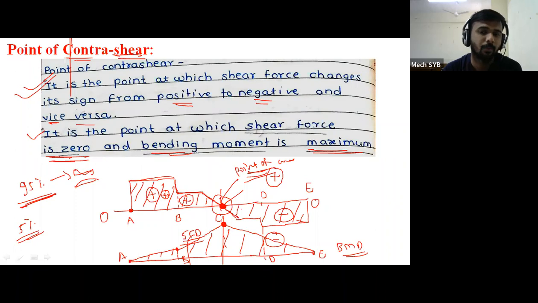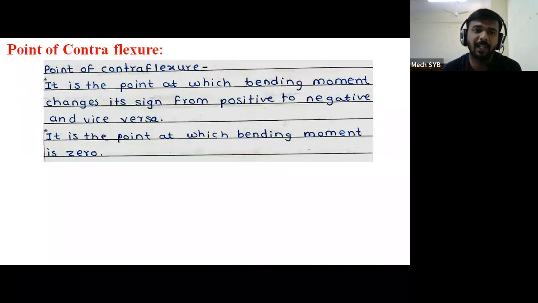But we have to understand that initially the point of contra shear is totally visible in the shear force diagram. And second important point is there, that is point of contra flexure.